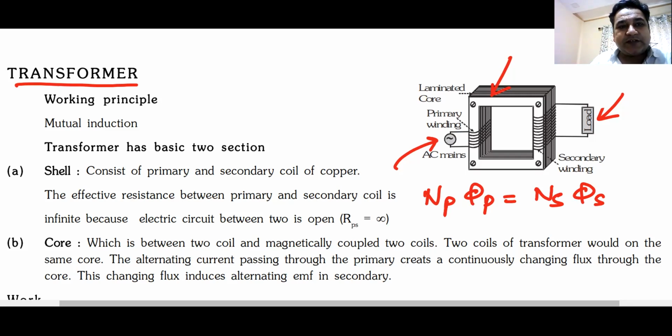So this is when we say it is 100% efficient. It's the 100% efficient transformer. No flux is lost. In fact, they are not 100% efficient, but you can have a transformer which is almost 100% efficient. They are efficient up till 99.99% and such.